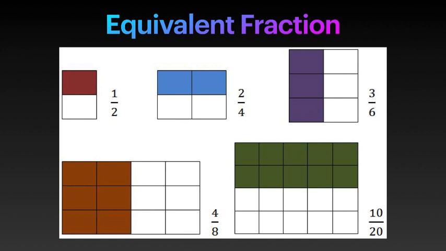That means they all are equivalent fractions. 1 by 2 equals 2 by 4, 2 by 4 equals 3 by 6, 3 by 6 equals 4 by 8, 4 by 8 equals 10 by 20.